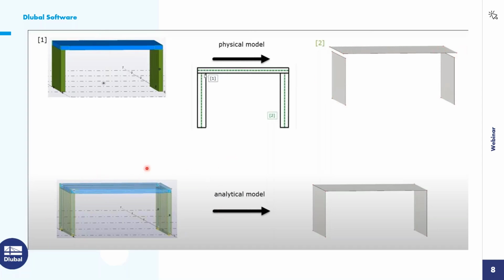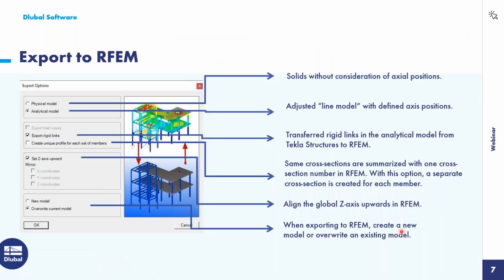And so what you need is an analytical model to be created. You can see here that the axial lines of each element are connected correctly. And so then you will get that correct analytical model in RFEM 6, which is needed to run the structural analysis. So that would be the second option here.